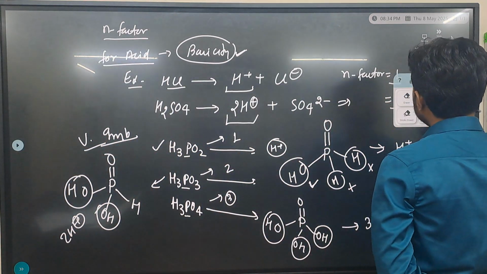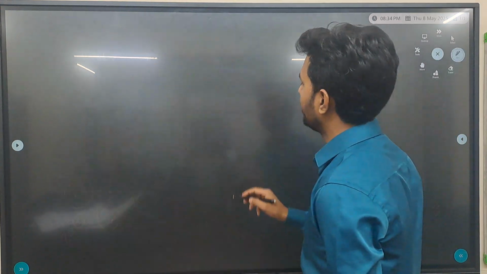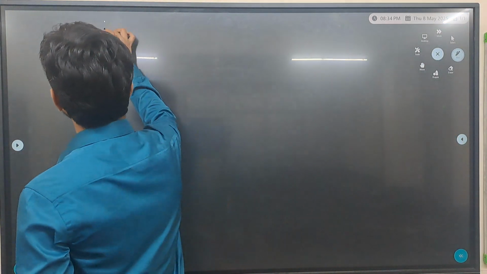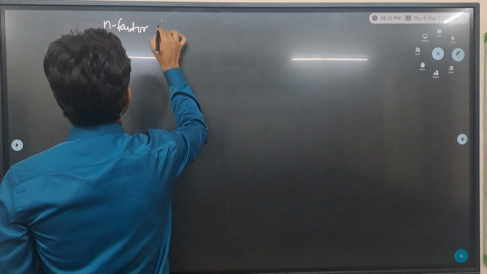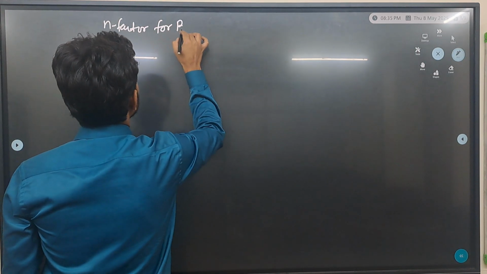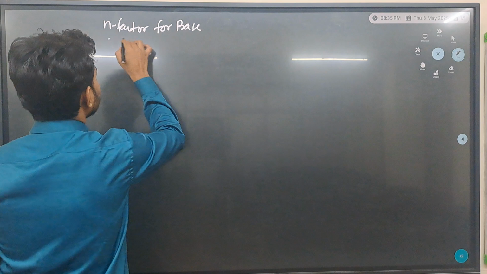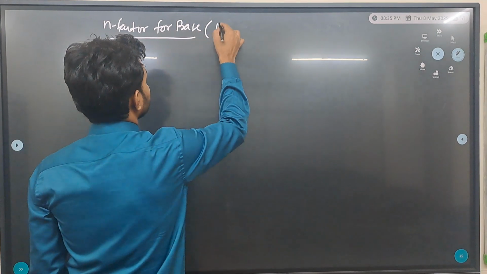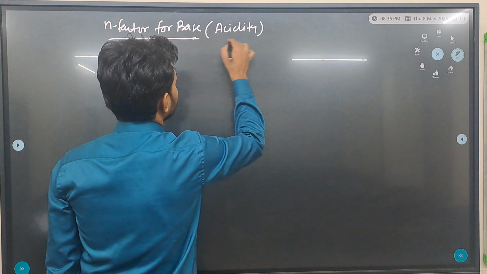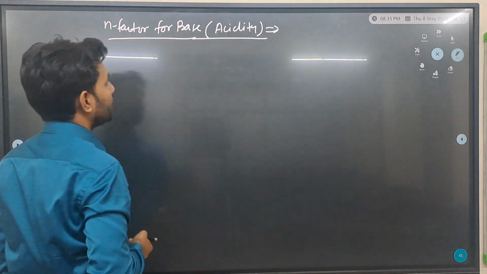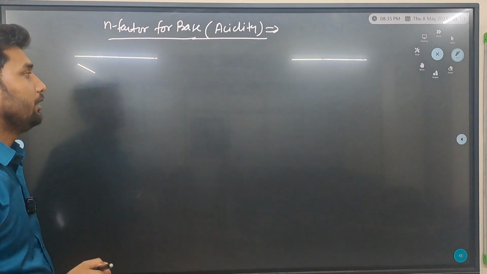Now next is the n factor for a base. The n factor for a base is called acidity.